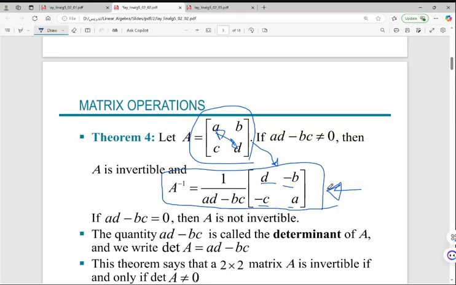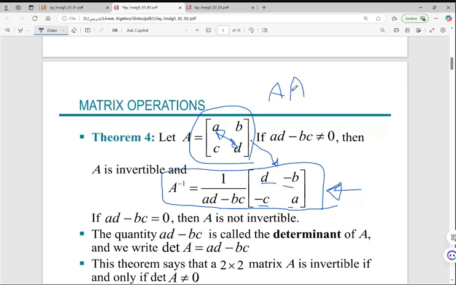What was the condition for inverse? In the previous slide I mentioned. If AD minus BC equals 0, it is not invertible.